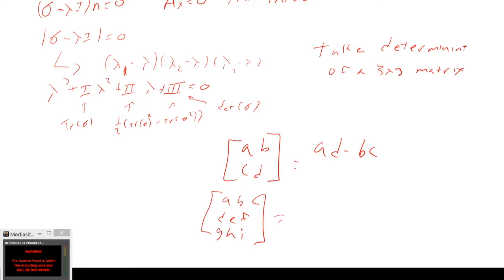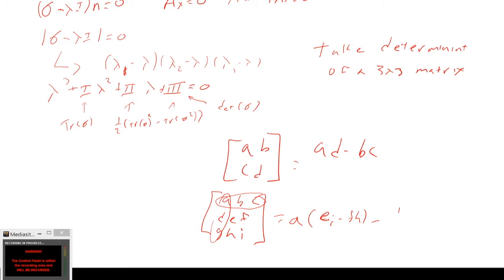So we'll go down this row and this column here, so that becomes A times the determinant of this 2x2 matrix, EI minus FH, minus, we have to decide whether we want to go across or down.